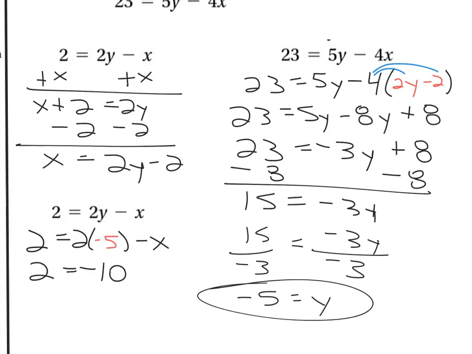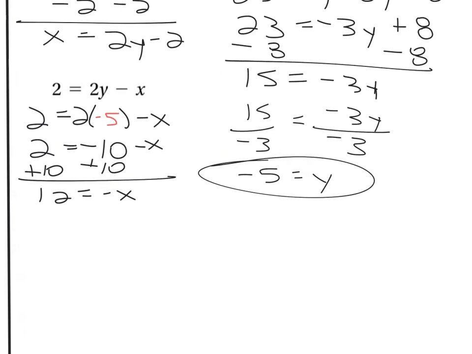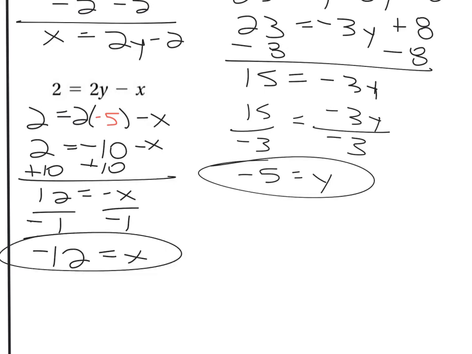Or 2 equals negative 10 minus x, plus 10 plus 10. You get 12 equals negative x. And of course, we need to divide both sides by negative 1. And we get negative 12 equals x. So we've got a set of points in x and y: negative 12, comma, negative 5.